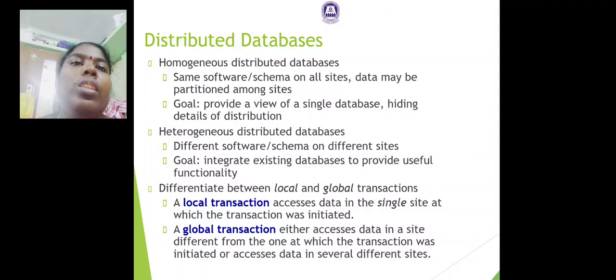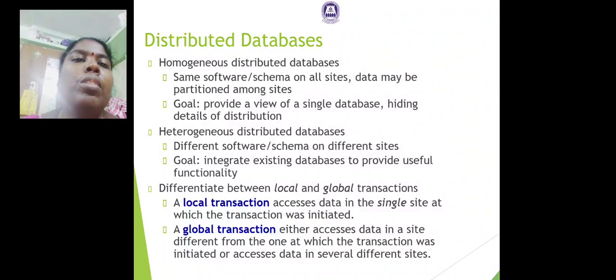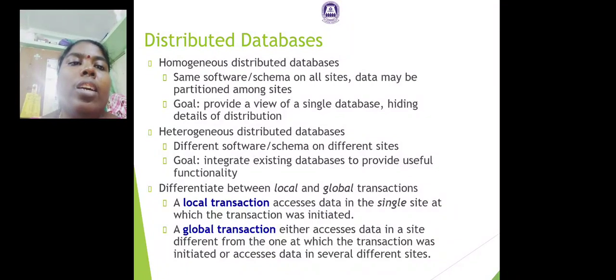If it uses the same type of software and database management system, it is specified as a homogeneous distributed database. If the systems have different types of software and different database management systems, it is specified as a heterogeneous distributed database.